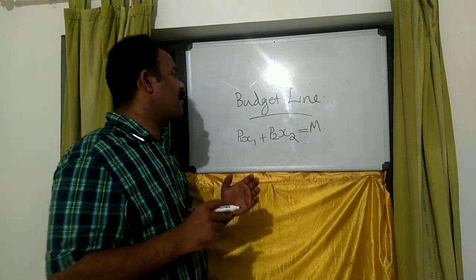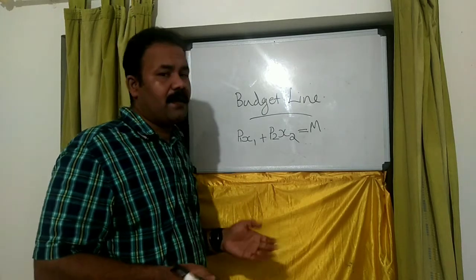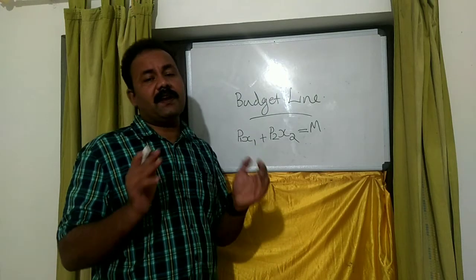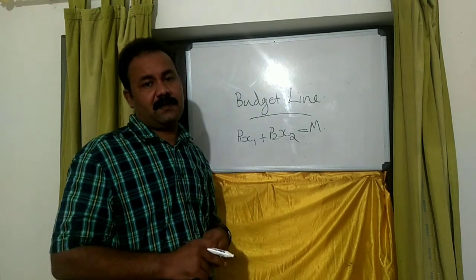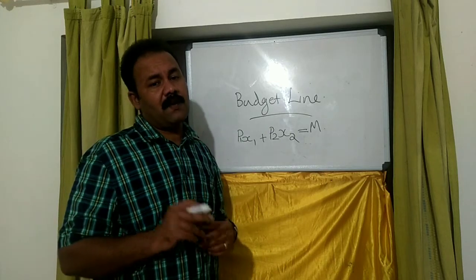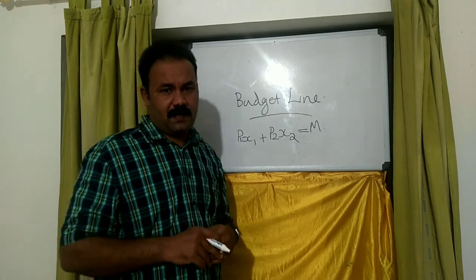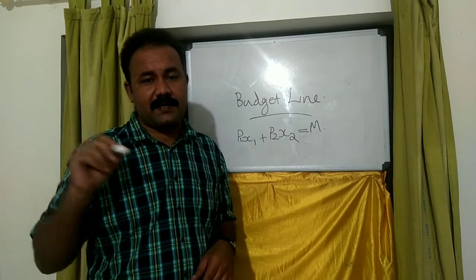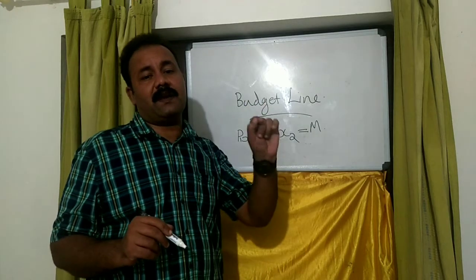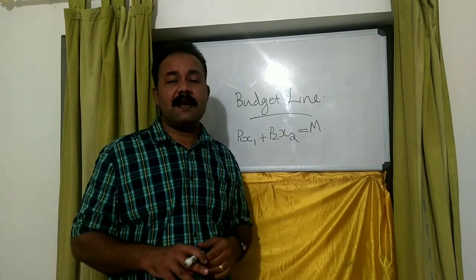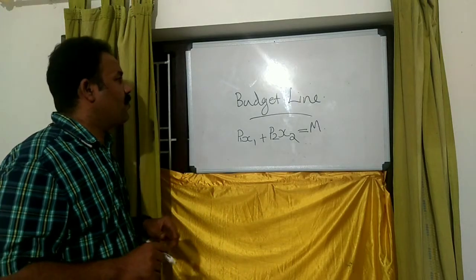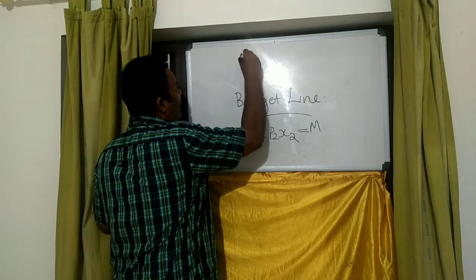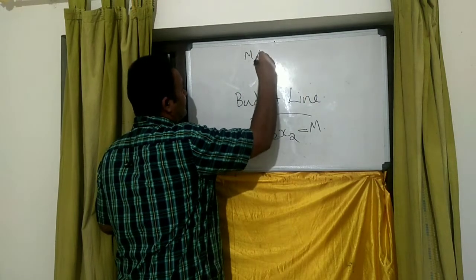For drawing a budget line or a diagram, we need two intercepts, a horizontal intercept and a vertical intercept. On the x-axis we need a point, that is the horizontal intercept. On the y-axis also we need a point, that is known as the vertical intercept. Here the horizontal intercept is M by P1.